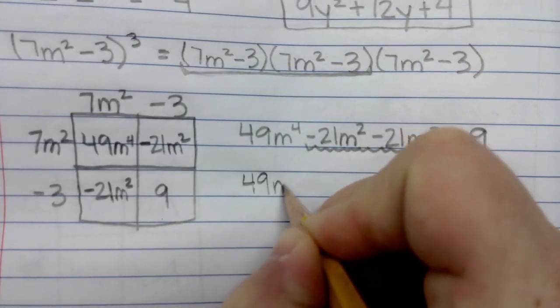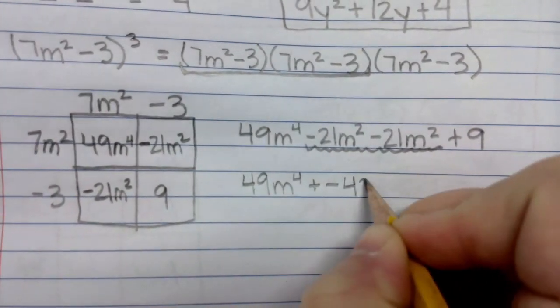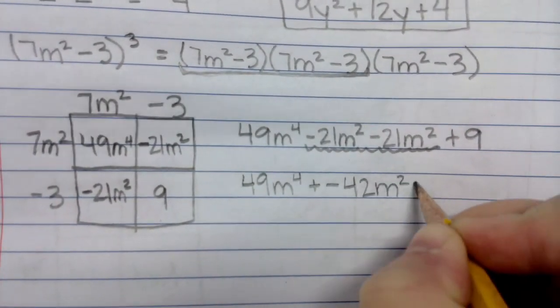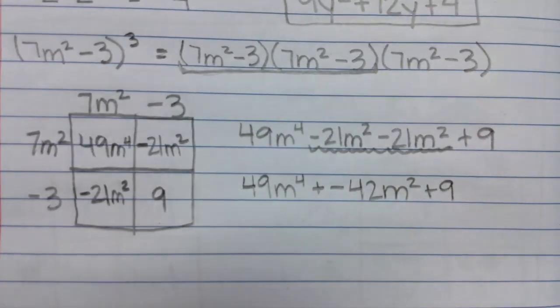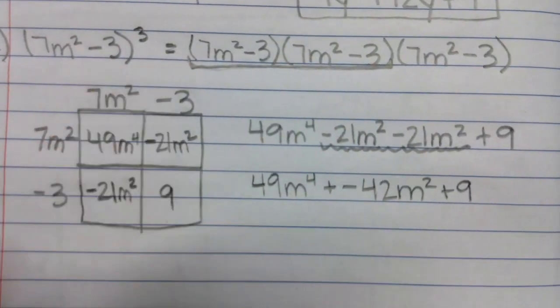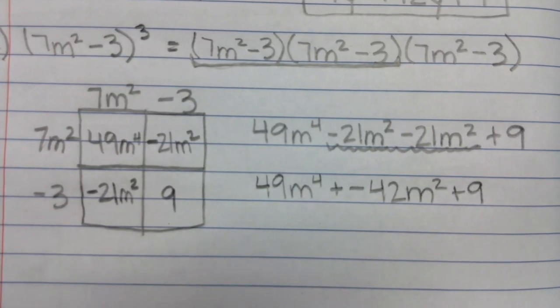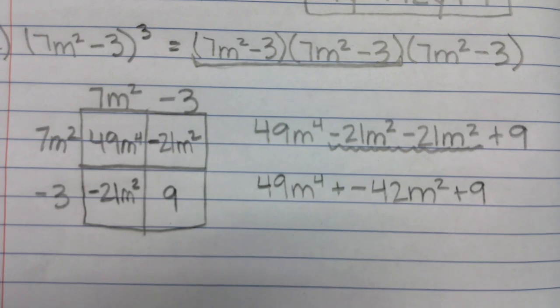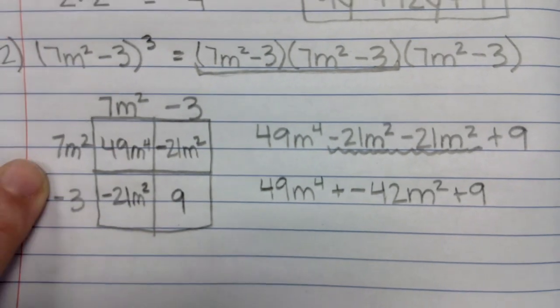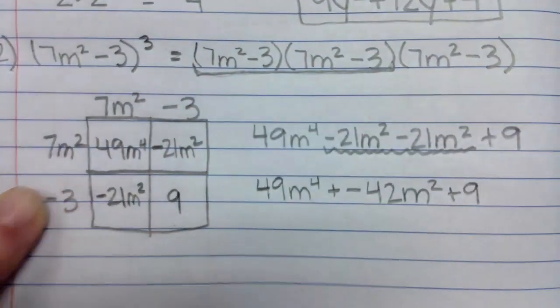Now we have to take that amount, 49 m to the 4th, plus negative 42m to the 2nd power, plus 9, and we have to multiply it one more time by 7m squared minus 3. Because this was just the first 2. Now we need the 3rd one.